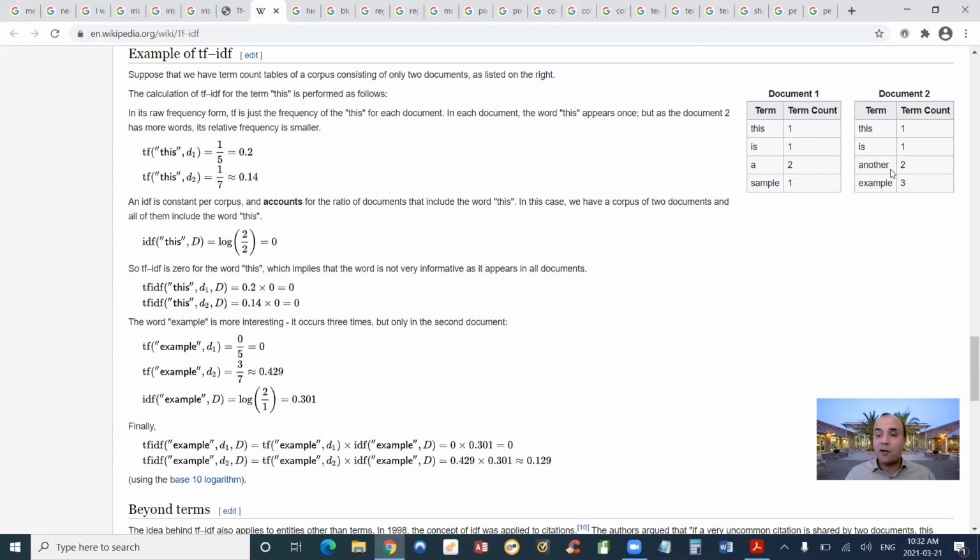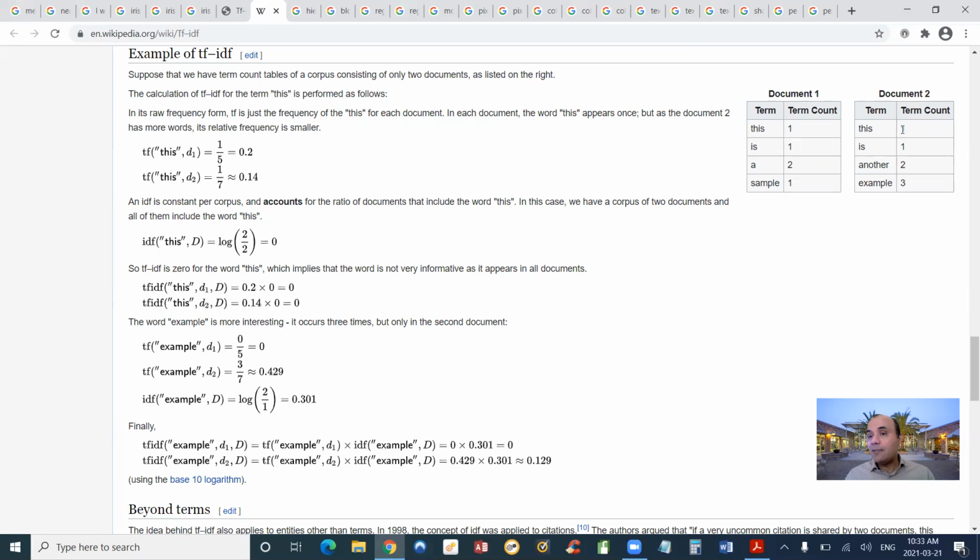Again, just for the sake of a study, assume that another appeared in that document twice, an example appeared in that document 3 times, and let's see the way we are going to calculate that. So let's take a look at this word, THIS. In document 1, you have 1 divided by 5. So the summation is 5, and 1 divided by 5, normalized, is 0.2.